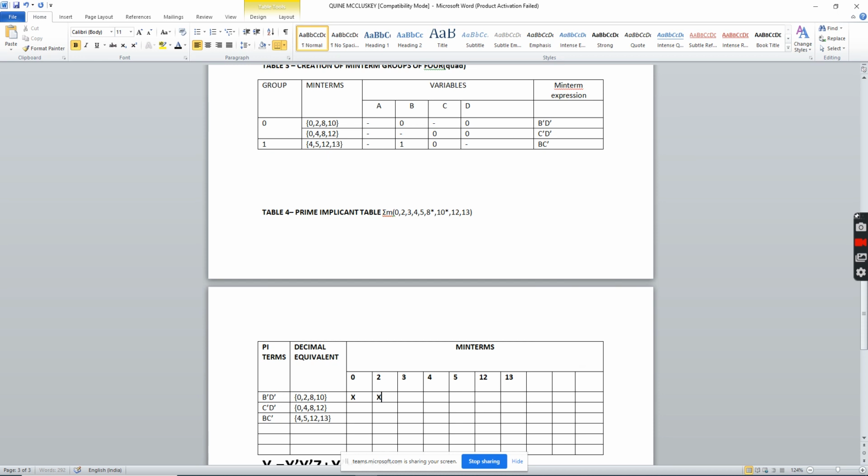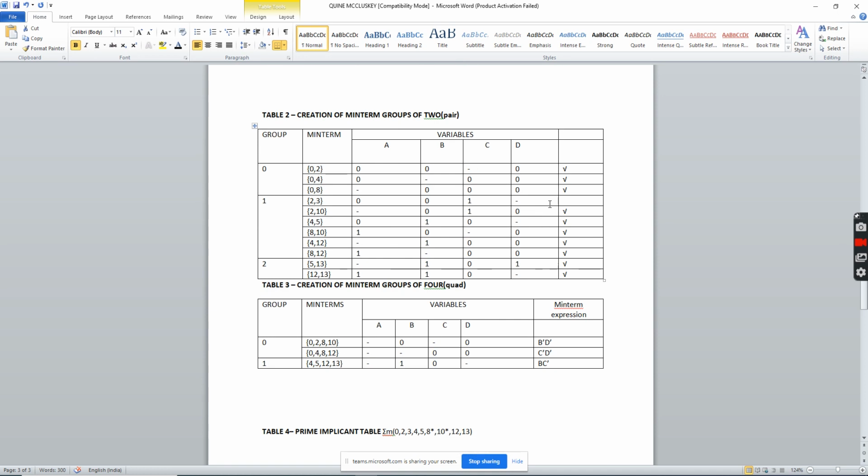So 0 to 8, 10. I'll put a cross for 0, 4, 8, 12. 0 cross 4, 12. Next 4, 5, 12, 13. Now I have to look for one thing. Are all the columns covered? No. The third column is left, not having any cross mark.